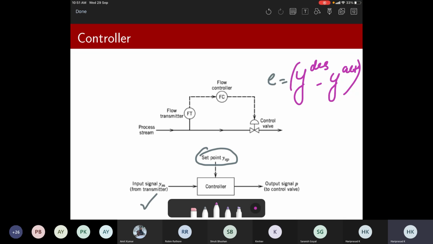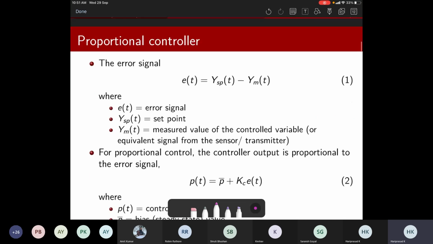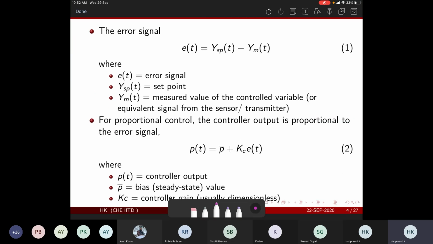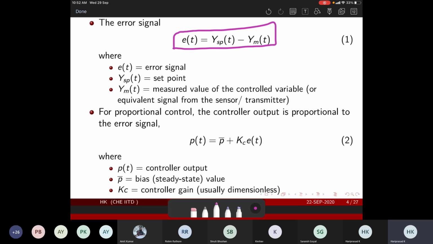So your error should be such that you move close to the desired value from the actual value. The simplest way to achieve that is by adding a proportional value to the error. That is what is known as the proportional controller.